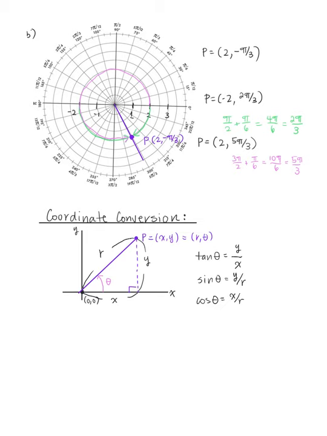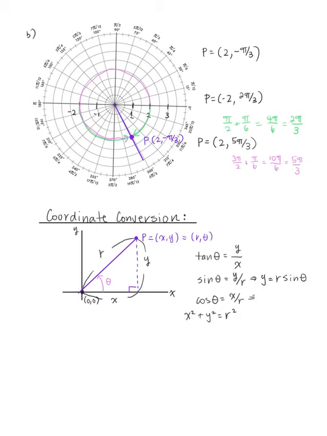And then we know the Pythagorean theorem, which is x squared plus y squared equals r squared. Now let's look at sine of theta being y over r. Can we solve for y from there? Yes, so this implies that y equals r sine of theta.